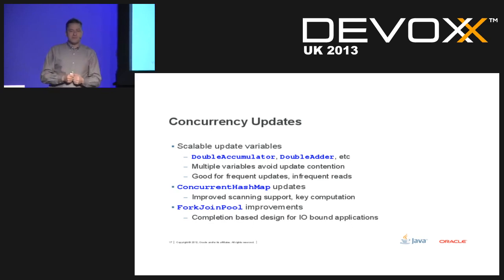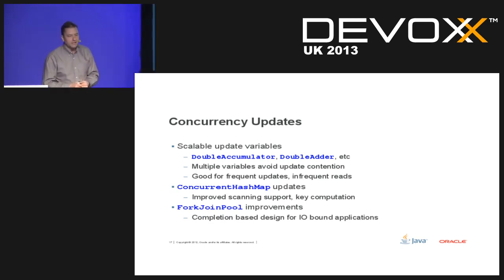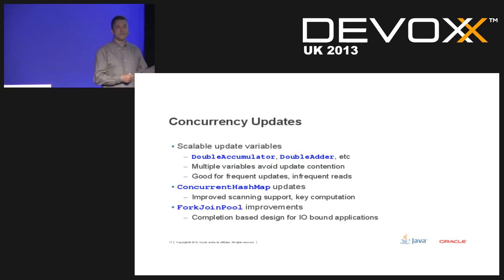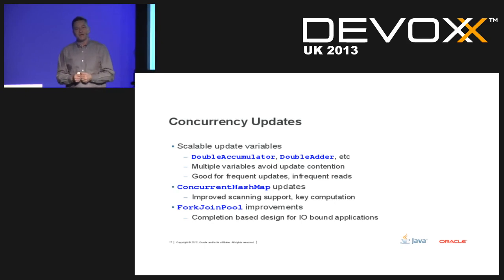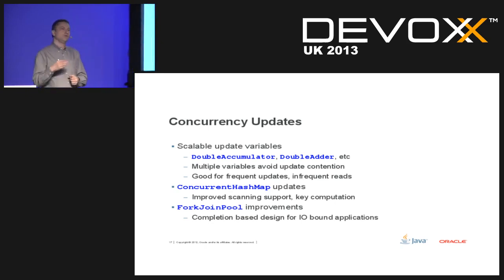Concurrent hash map, there's a couple of minor updates happening with that in terms of scanning support and the way that we compute the keys that are used for the hash map. And we're also improving the fork join pool implementation. And what we're doing here is using what's called a completion-based design.